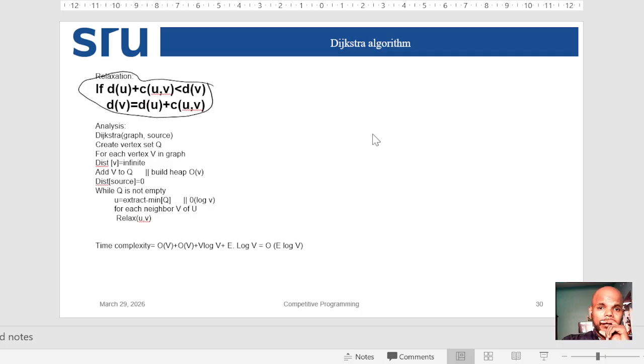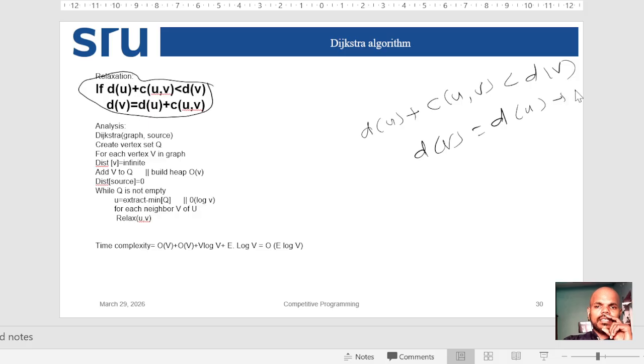So now if distance of u plus cost of u comma v is less than distance of v, then distance of v equals distance of u plus cost of u comma v.